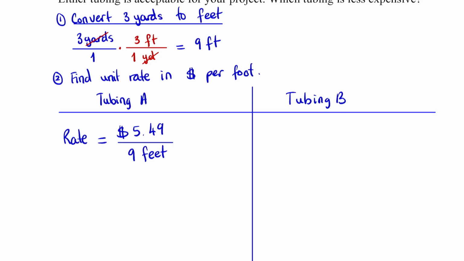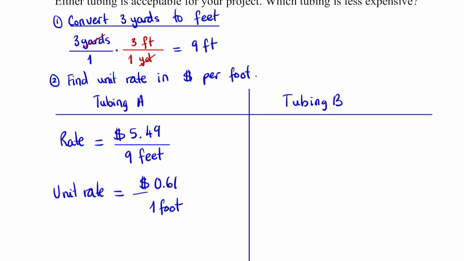To find the unit rate, I'll take 5.49 divided by 9, and I get 61 cents per 1 foot. So for tubing A, if I only buy 1 foot, I pay 61 cents.